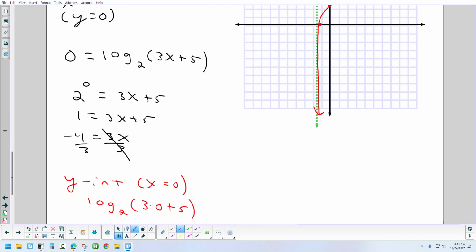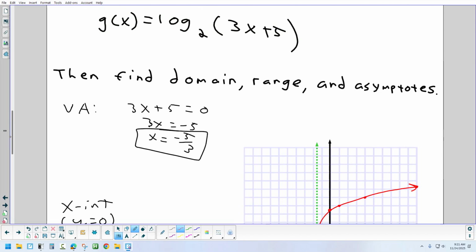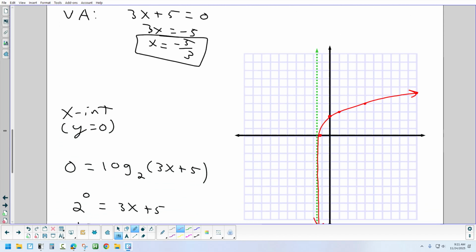We've got the asymptotes. We've got the intercepts. We have not done the domain and the range. Okay. What is the domain here? Yep. X is greater than negative 5/3. Yep. Anything greater than negative 5/3.